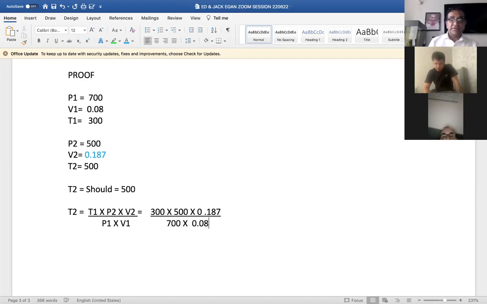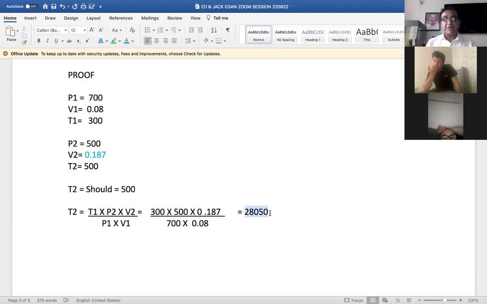Now, if we continue to do the maths, what we're looking at is this. 300 times 500 times 0.187 equals 28,050 as a value.